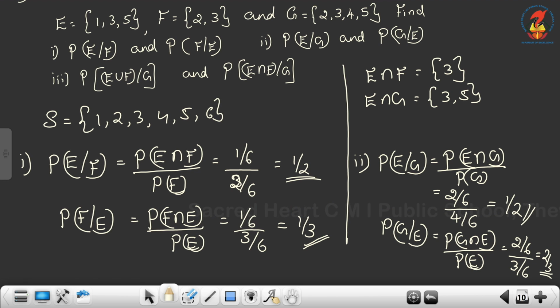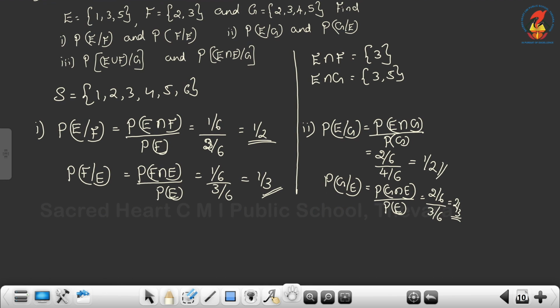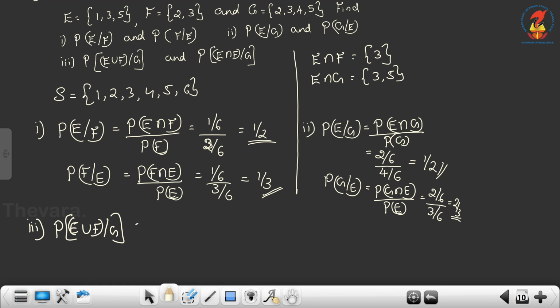Okay. Now the third subdivision. P of E union F given G. So what is the result?